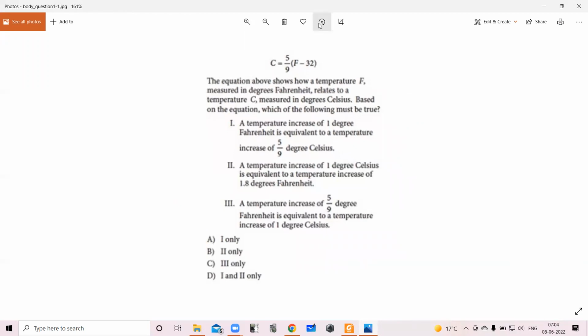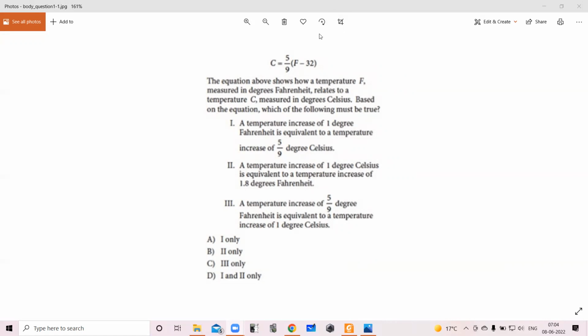The equation above shows how a temperature F in degrees Fahrenheit relates to temperature C in degrees Celsius. Based on the equation, which of the following must be true? A temperature increase of 1 degree Fahrenheit is equivalent to a temperature increase of 5/9 of a degree Celsius.